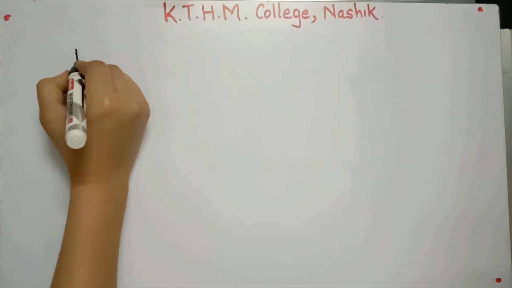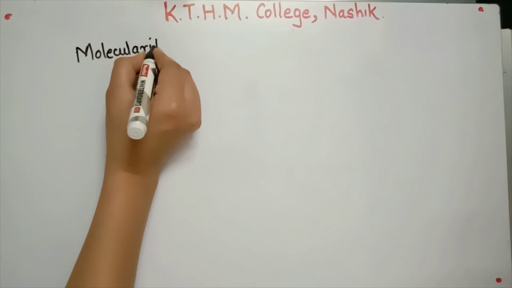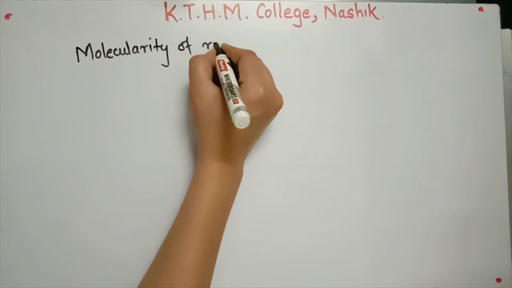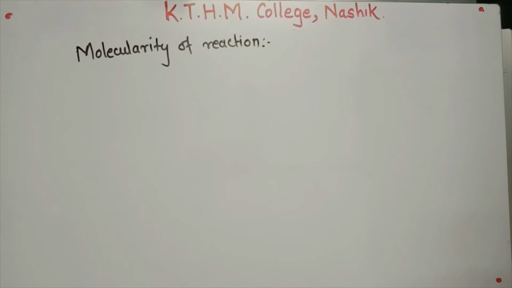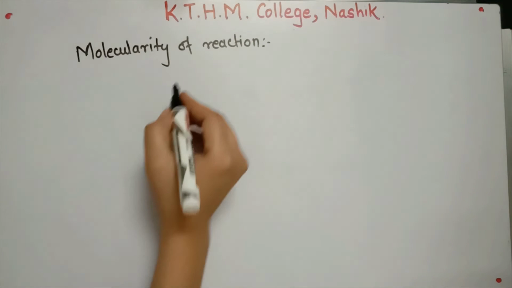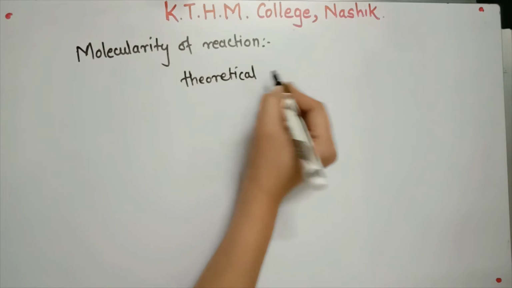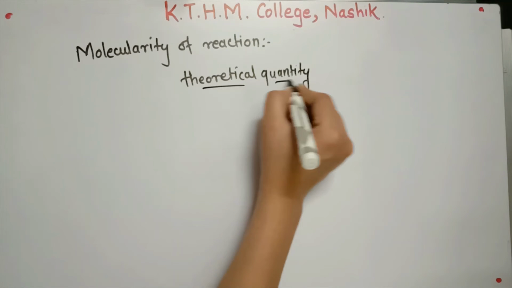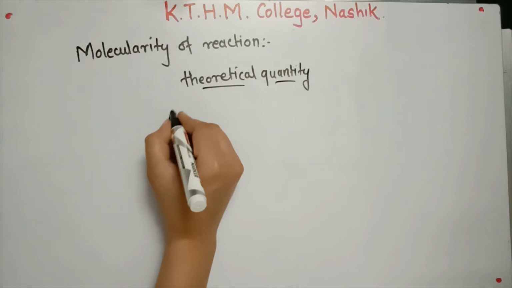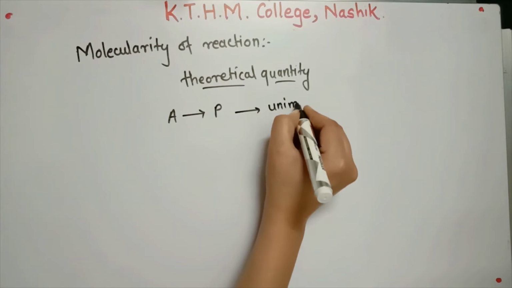The next is molecularity of reaction. This you have studied in the previous classes, that order and molecularity. Molecularity is a theoretical quantity. So when the reaction is like this, A gives the product B, then it is a unimolecular reaction.